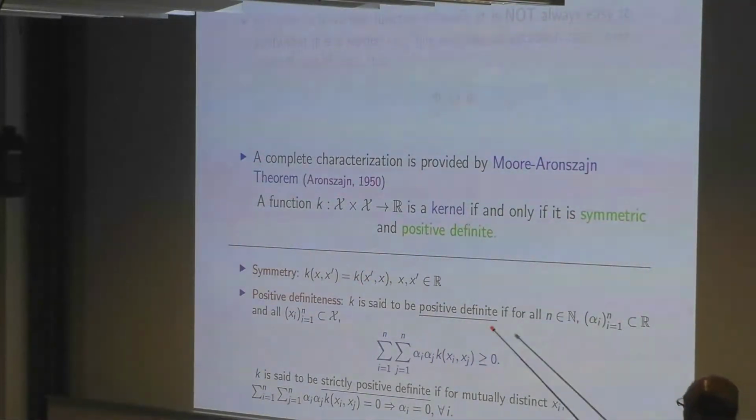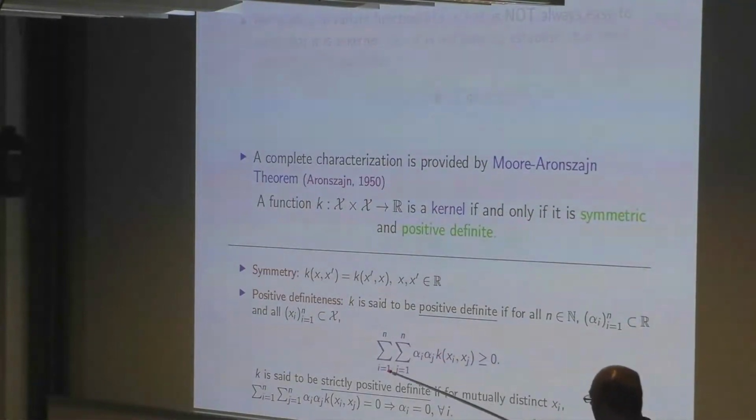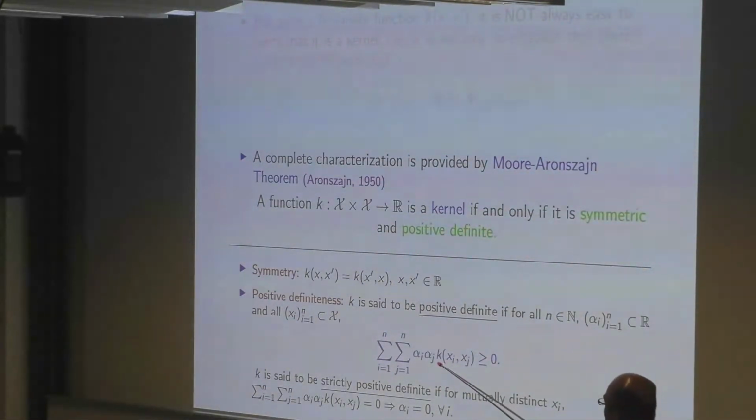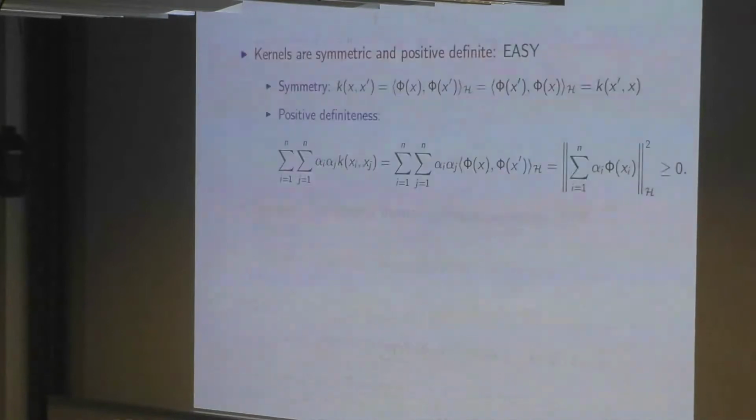And positive definiteness is that this quadratic form is non-negative. We call a kernel strictly positive definite when this quadratic form is 0 only when all the alphas are 0. Okay.